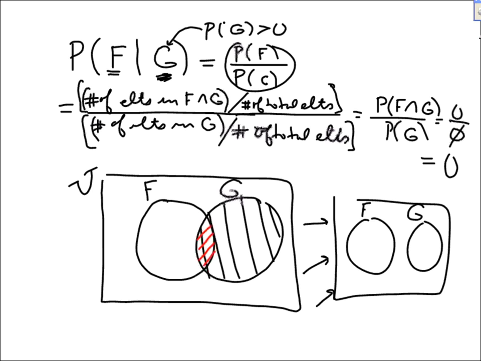If F and G can't happen together, the chances that F happens, given that G happened, is 0. The probability that you get a B in your probability class, given that you got an A in your probability class, is 0. You got an A, you didn't get a B.